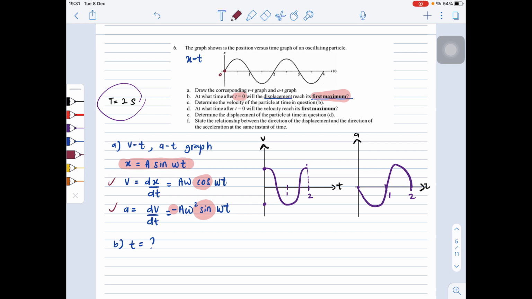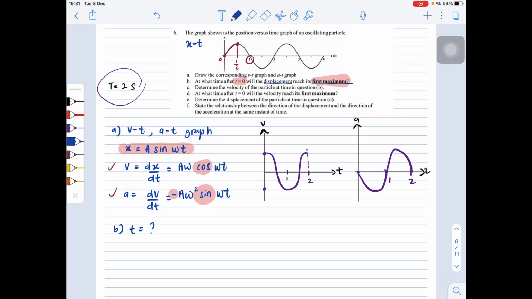Apabila dia naik ke first maximum, which is here, we want to know what is the time here. So sini adalah 1, meaning that here will be 1/2. So meaning that t will be equal to 0.5 second when displacement reaches its first maximum.